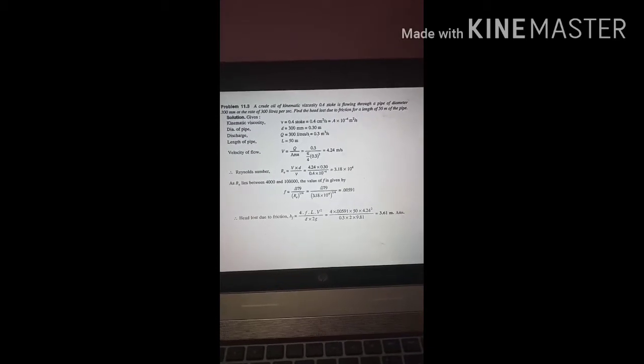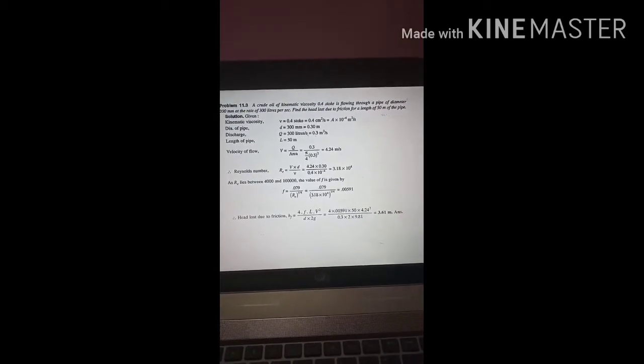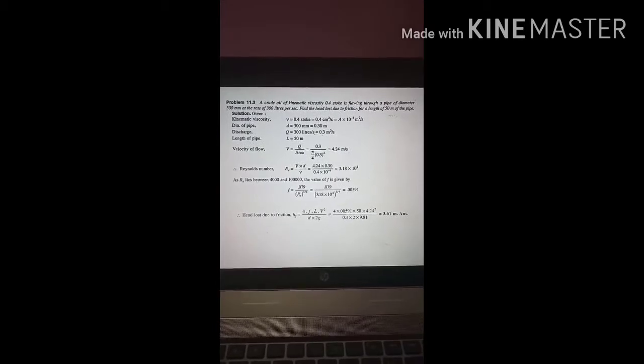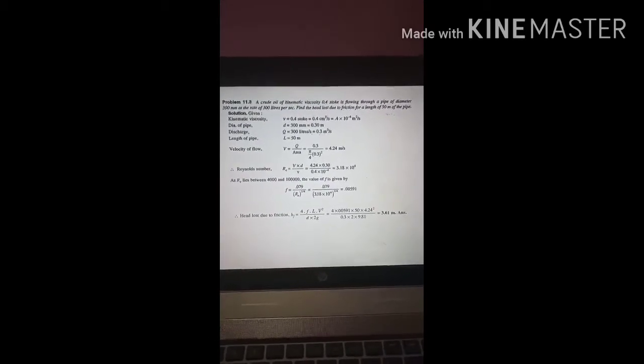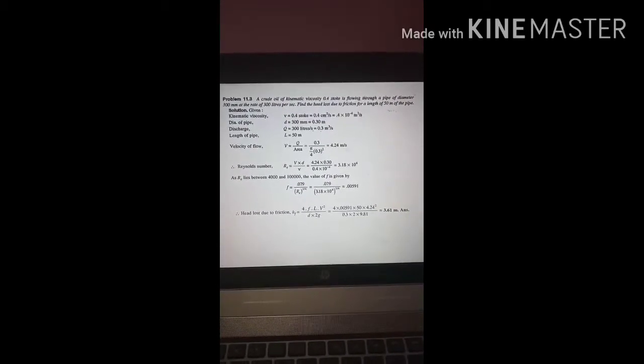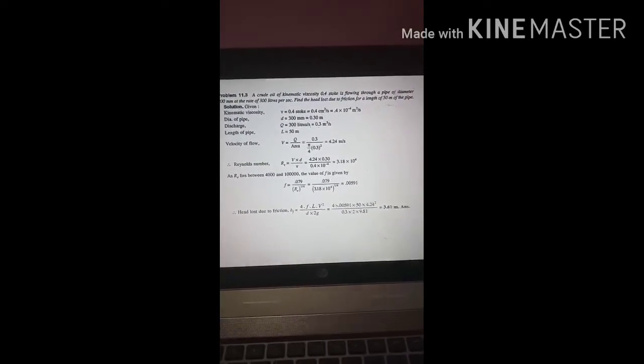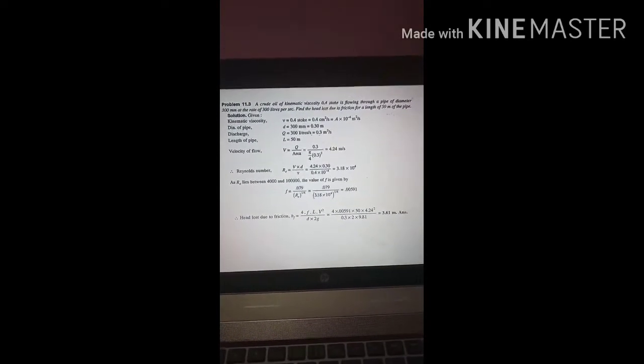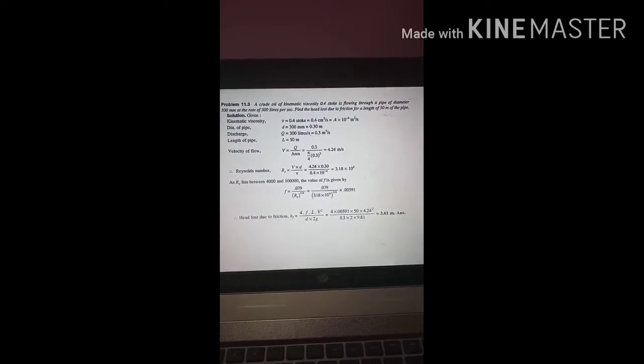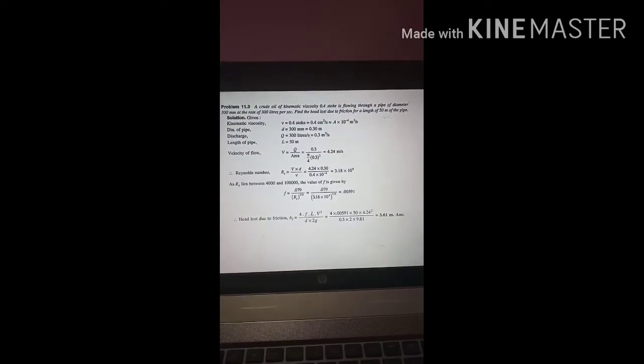That is greater than 4000. So the Reynolds number is greater than 4000, hence the flow is turbulent. And we know the formula for finding the coefficient of friction for a turbulent flow as f is equal to 0.079 upon Re raised to 1 by 4.